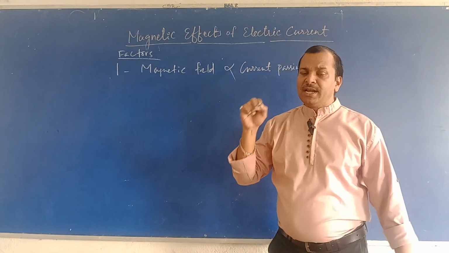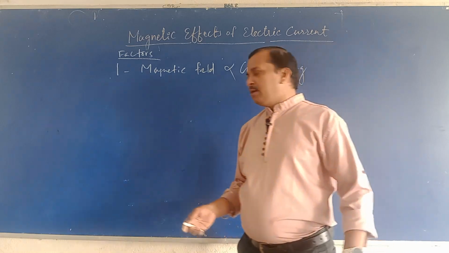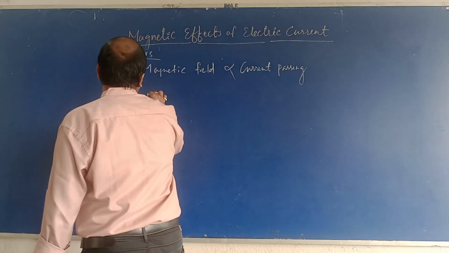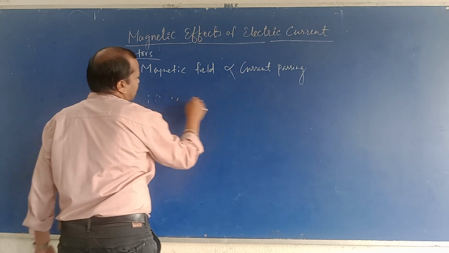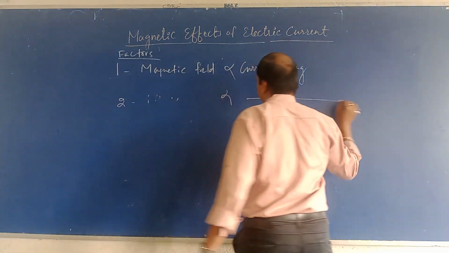The second factor is that the magnetic field is inversely proportional to the distance from the conductor.